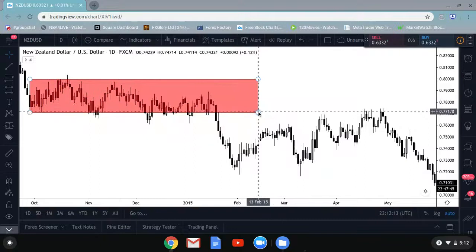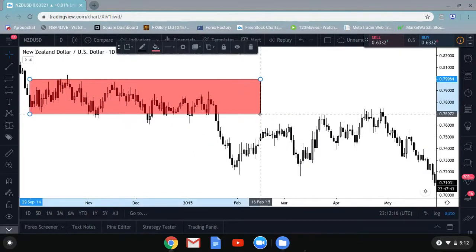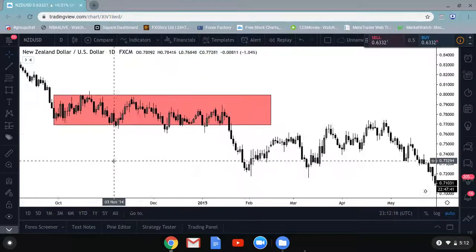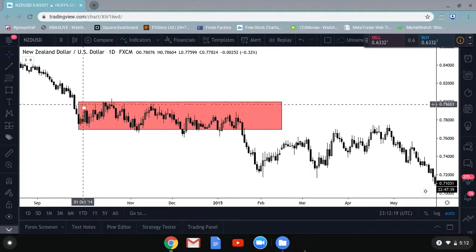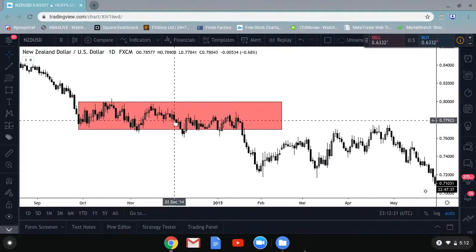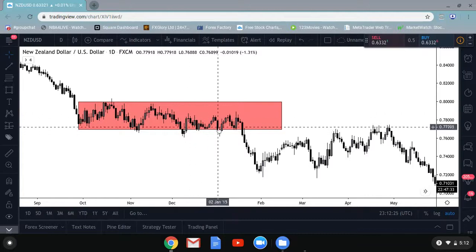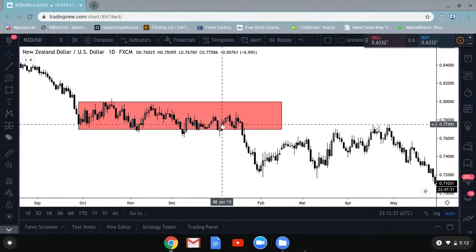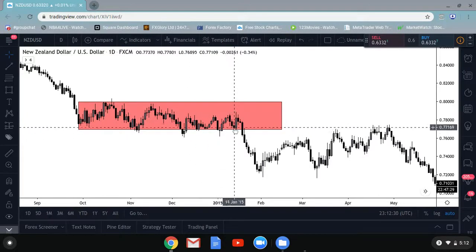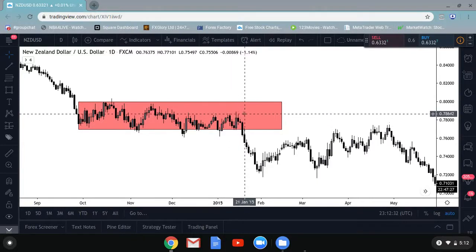So in this case, you didn't have that push up. You did kind of have a false breakout here. Price pushed back in, began ranging again. Maybe another false breakout here. Began ranging, wicked up high.